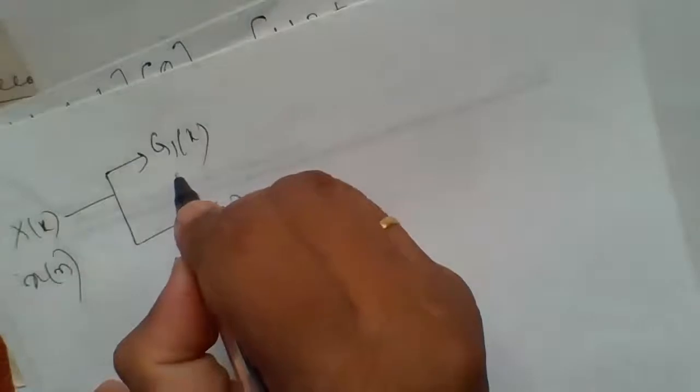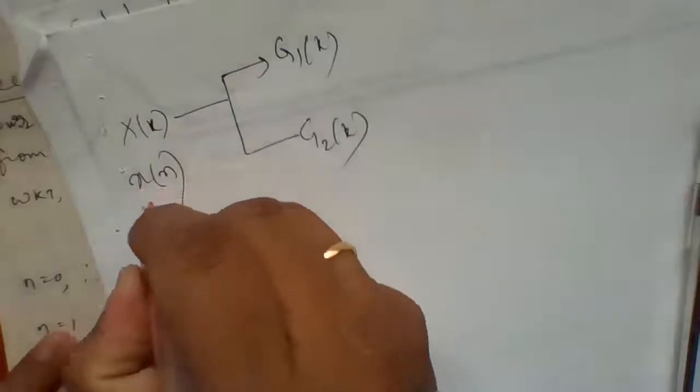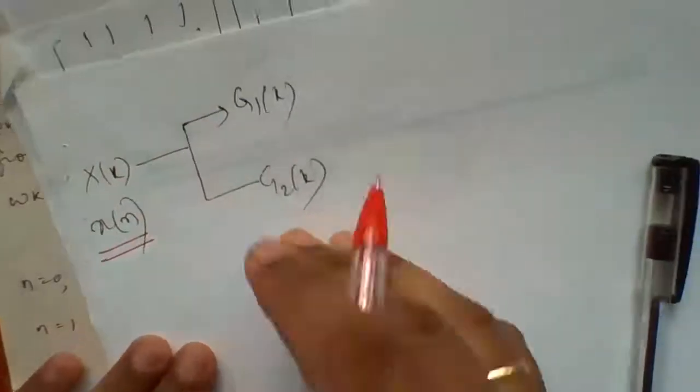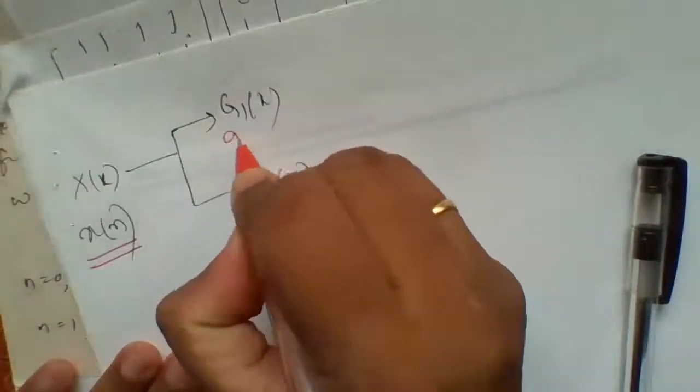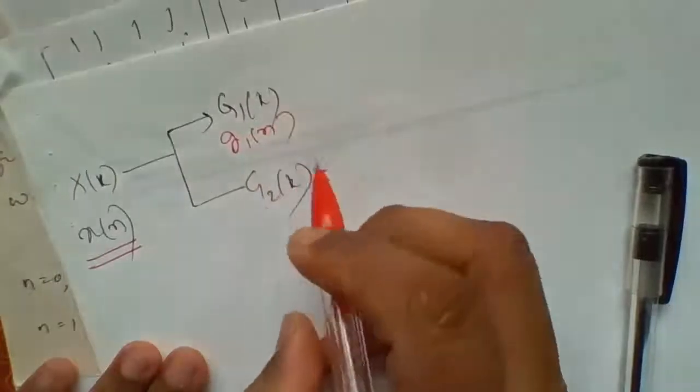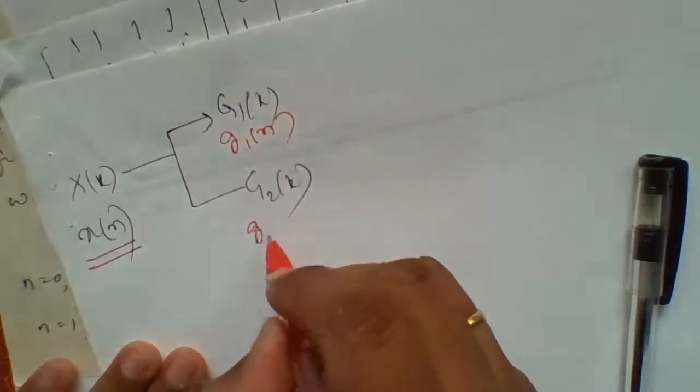Similarly g1 of k is because of g1 of n, and g2 of k is the DFT of g2 of n.